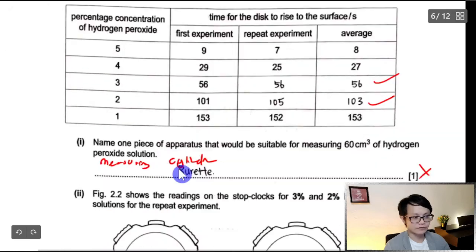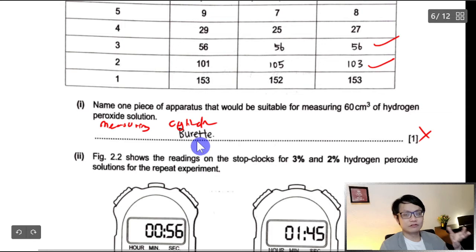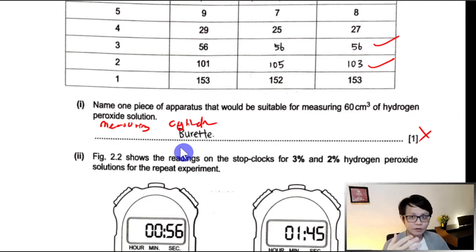So I just follow. The reason, of course, you can still use a burette, because a burette measures 0 ml to 100 ml also. But the burette is more suited, I think lah, for when you want to measure a certain volume and you want to control and adjust it.